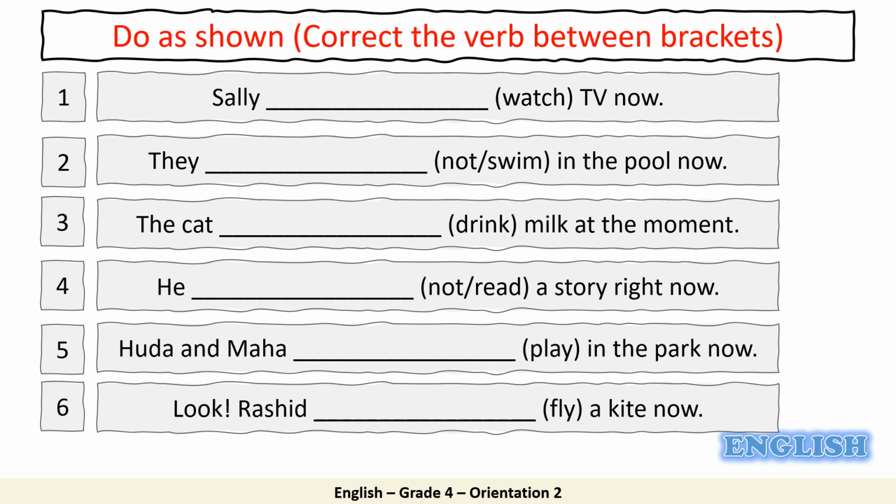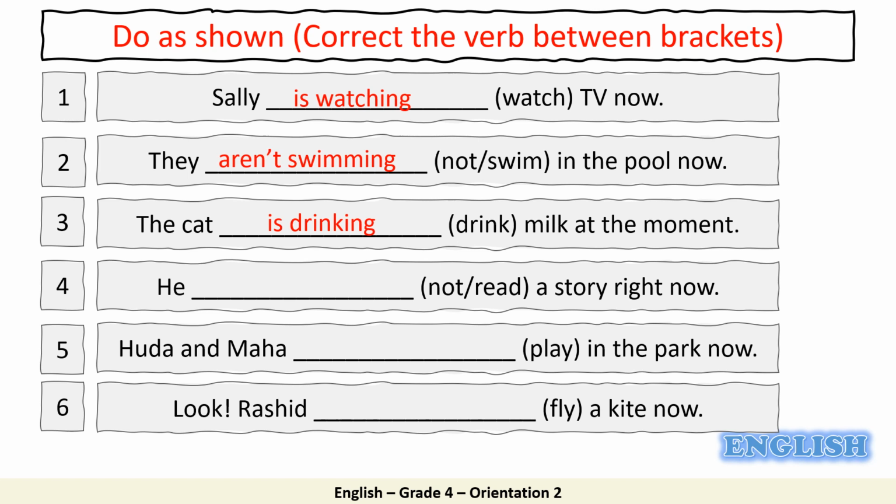And the verb watch, we add ing, so we say Sally is watching TV now. Number 2. They not swim in the pool now. They aren't swimming in the pool now. Number 3. The cat drink milk at the moment. The cat is drinking milk at the moment.